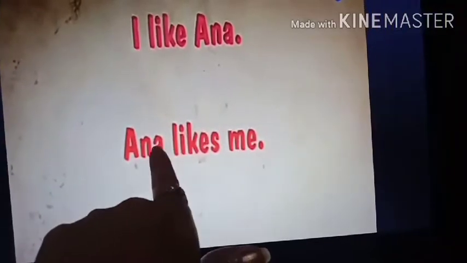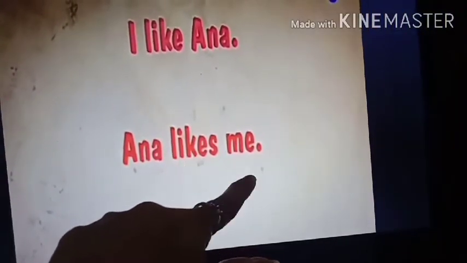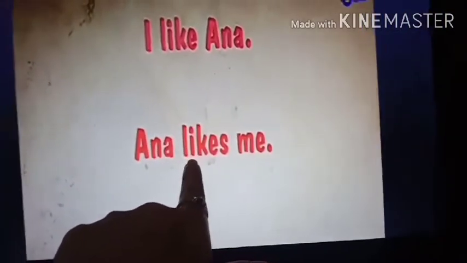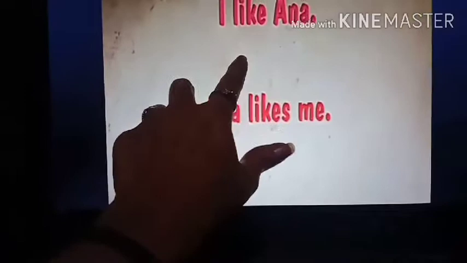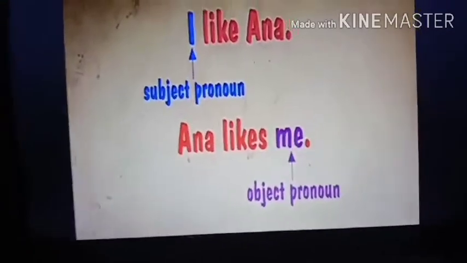Anna likes me. Likes whom? Likes me. So me is the object pronoun. Me is receiving the action. Now here also you can see the subject pronoun is before the verb and the object pronoun is after the verb.